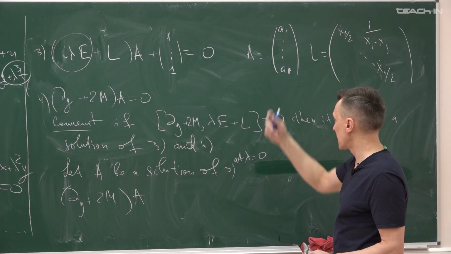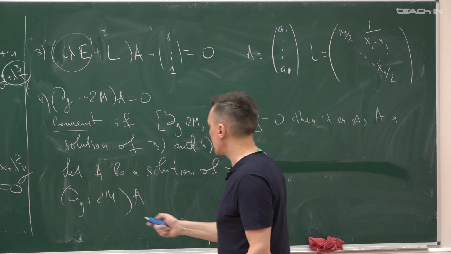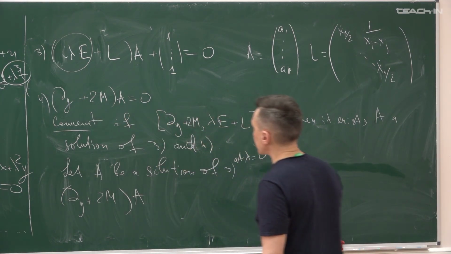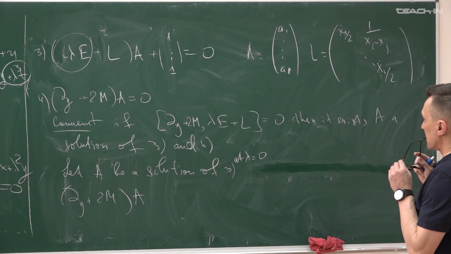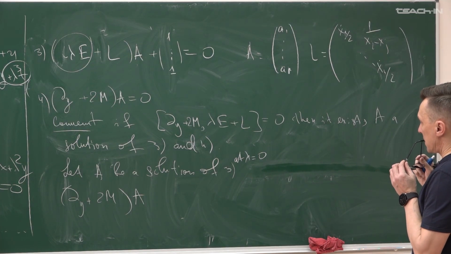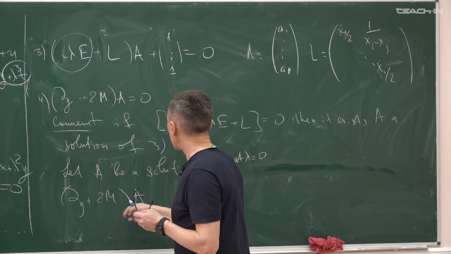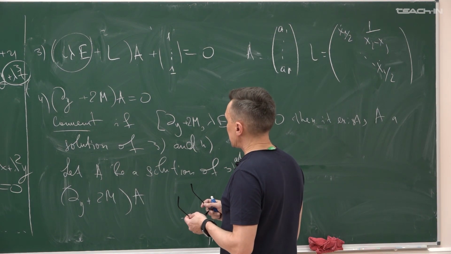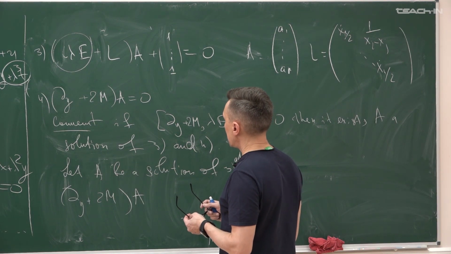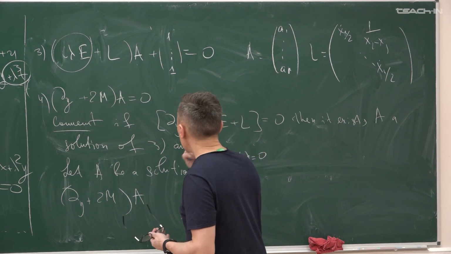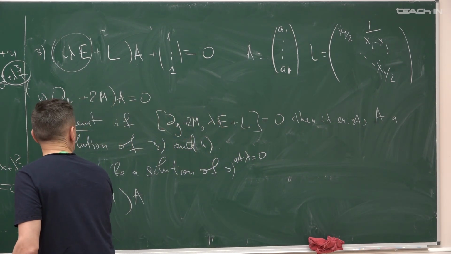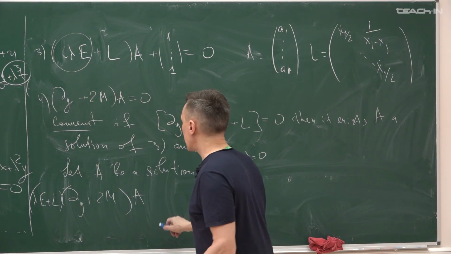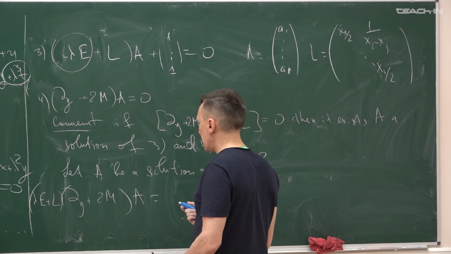Suppose that we have a solution, and then we apply this differential equation to A. So it's some vector, and we can calculate lambda E plus L applied to this vector, and it is the same.